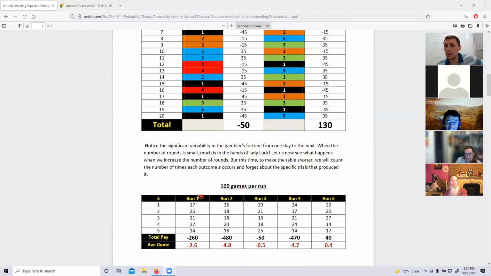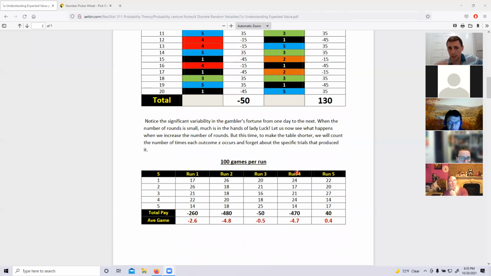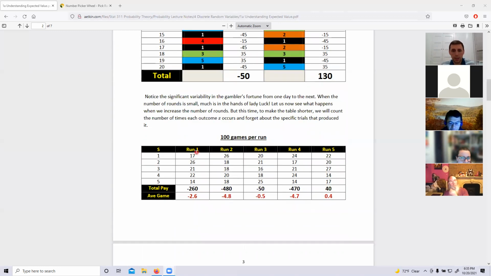We simulate doing it habitually. So this is 1 run, 2nd run, 3rd run. You understand what it means? It means that we go for the entire day. He plays 100 games, over 5 days. Look what happened here with 100 games. The first day he lost $260, the second day he lost $480, the third day $50, the fourth day $470, but on the 5th day he won 40.